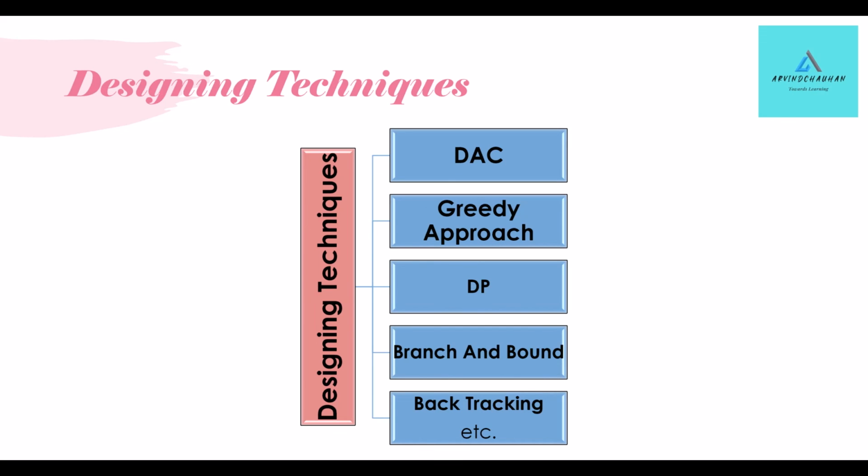These are the designing techniques I discussed: first divide and conquer approach, second greedy approach, dynamic programming, branch and bound, and backtracking. Along with these we have some advanced algorithms as well, randomization and approximation, that can also be used.